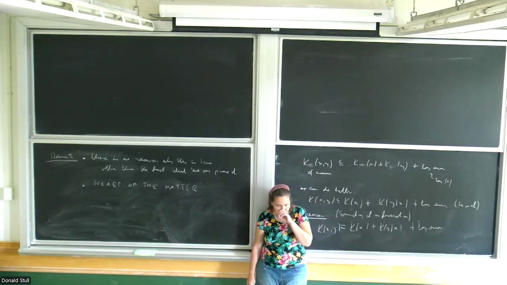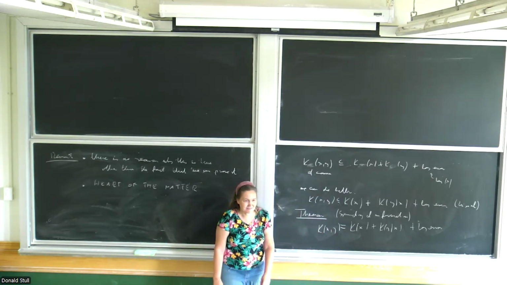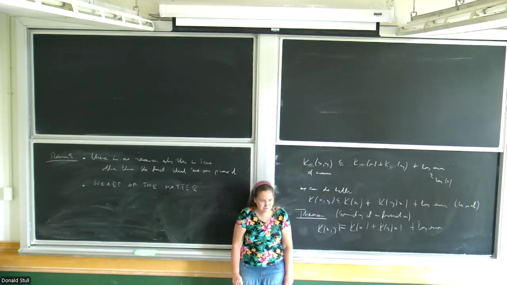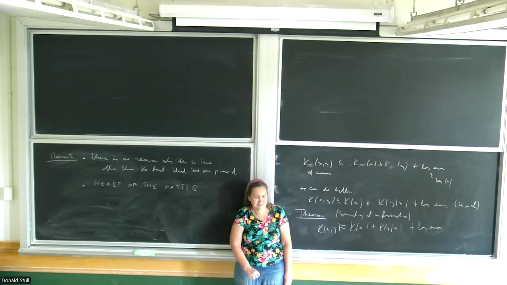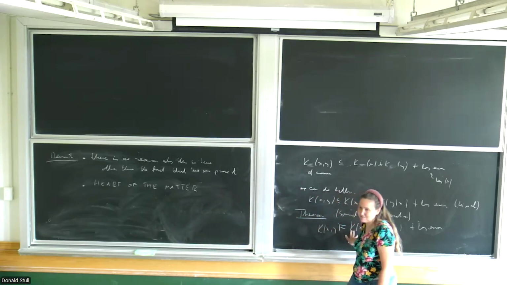So this was the main reason why, when Jacob showed me this proof yesterday, I didn't think it was very interesting, because I thought, whatever you can do using complexity methods, you could anyhow do without complexity methods.